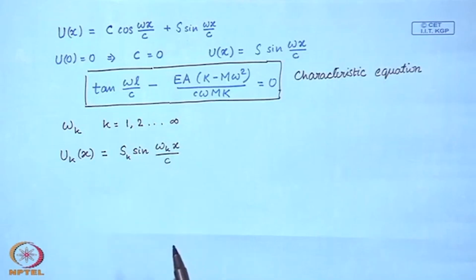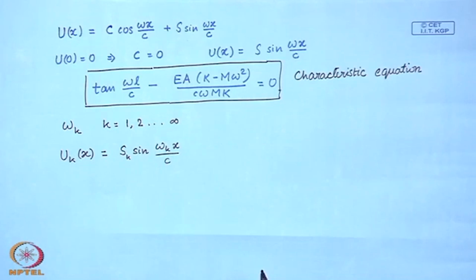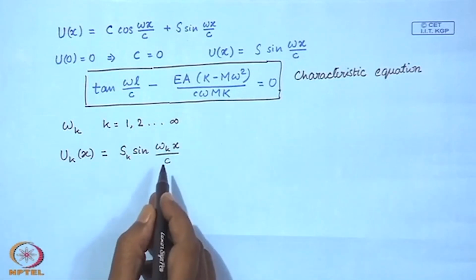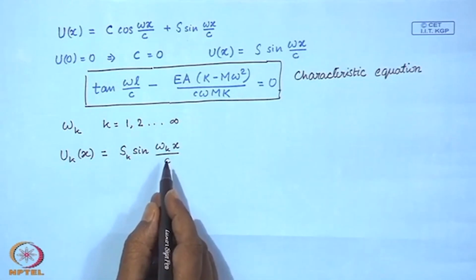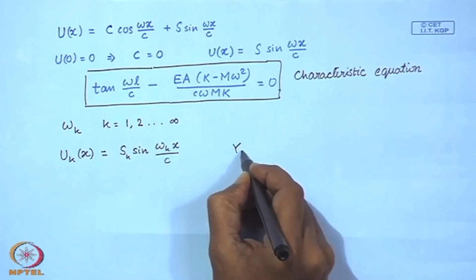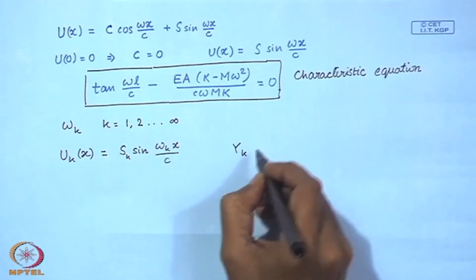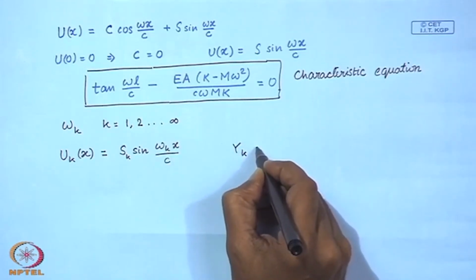the corresponding eigenfunctions for the bar, and corresponding to these eigenfunctions you can now find the amplitude function or amplitude of the discrete mass.